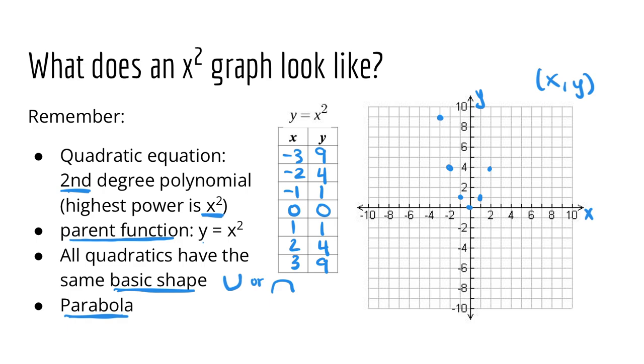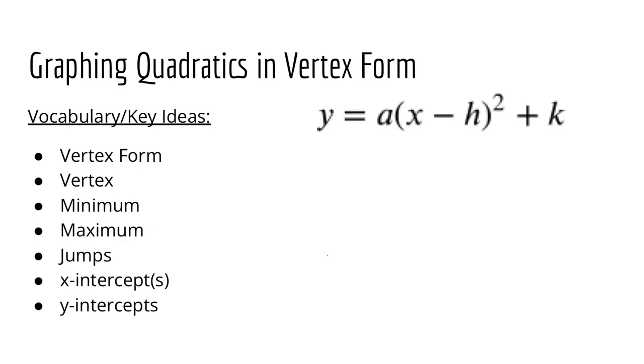And 3, 9. When you're drawing this graph, it is always going to be a smooth U-shaped curve. Never make it like a V down there. You want to go through all the points, and your graph should look like this.